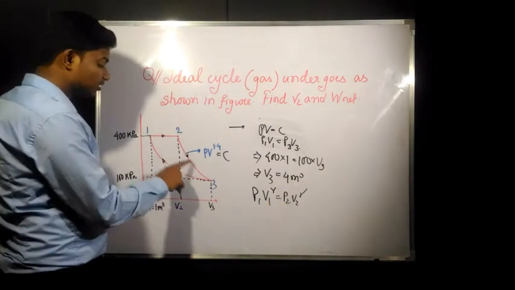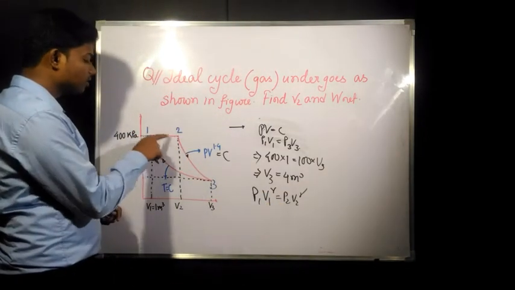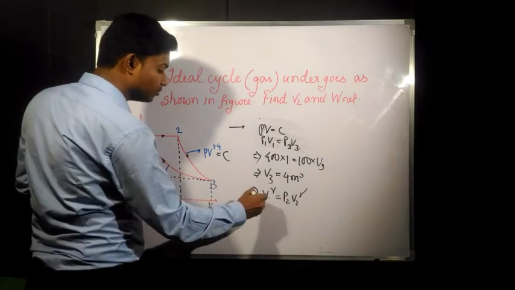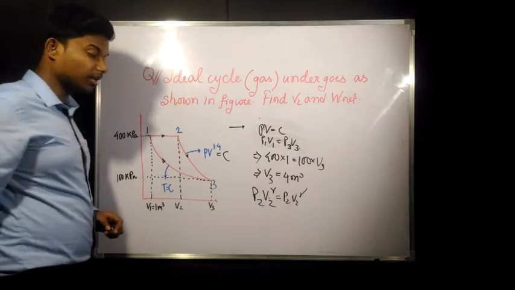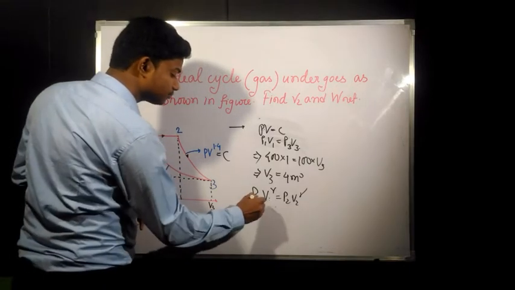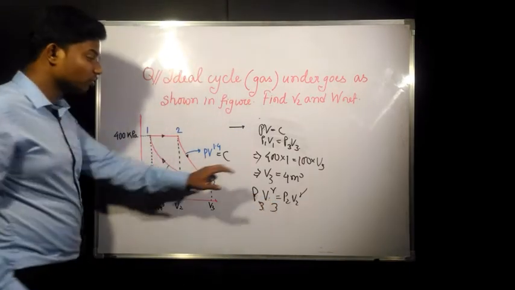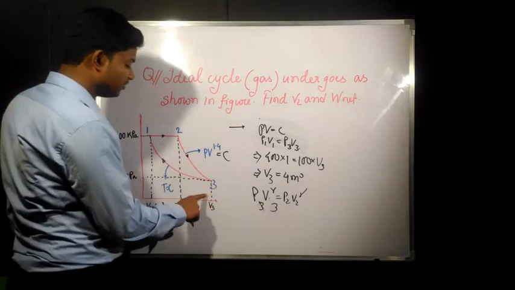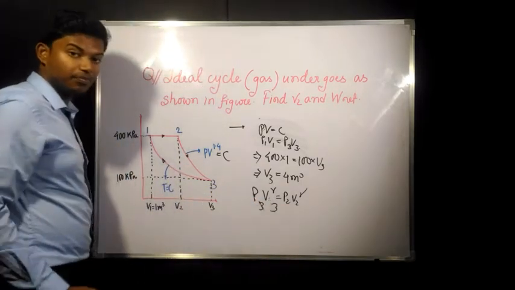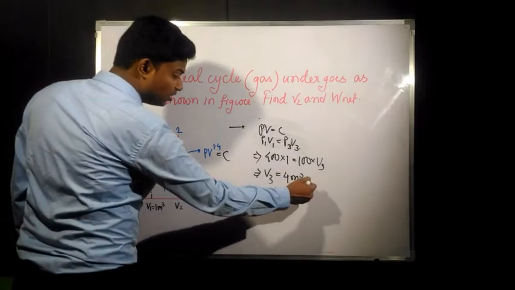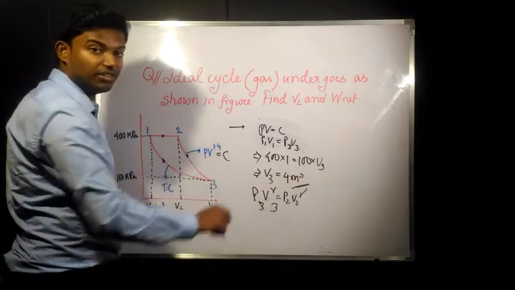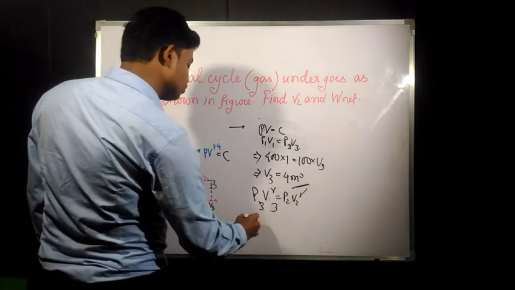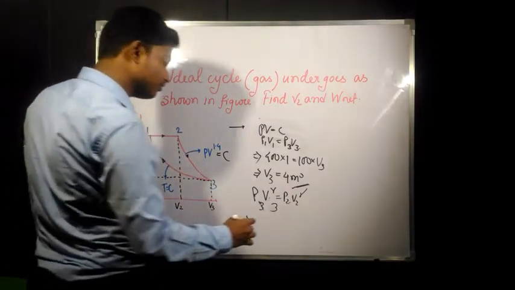But here there is no connection of state 1 with the adiabatic process, so we need to change the names to P2 and P3. Before this step, there were two unknowns, V3 and V2. But after this step, we have found V3. So in this whole equation, only V2 is unknown, and by solving this, we can easily find V2.